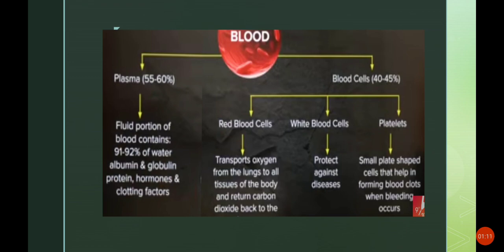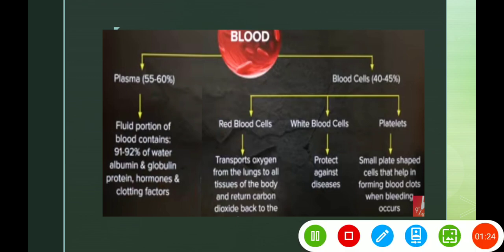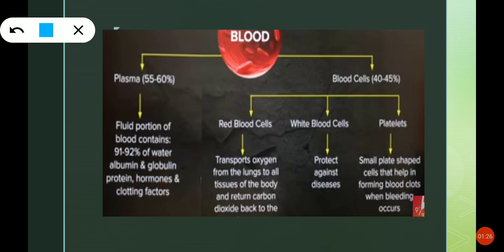What is the function of the plasma here? The plasma has 92% of water and the remaining is proteins. Here you can see, 91 to 92% of water, and these are all the proteins in the plasma.